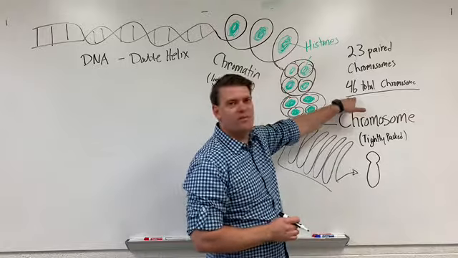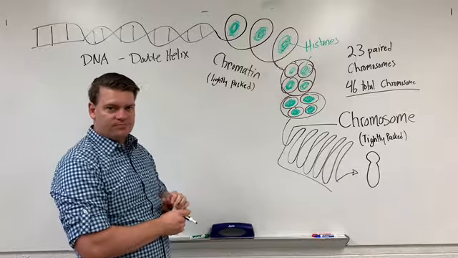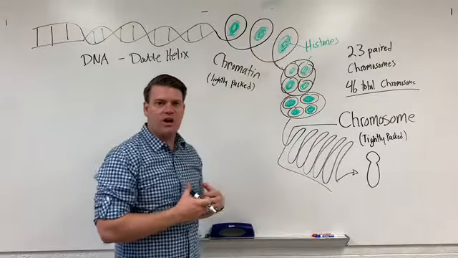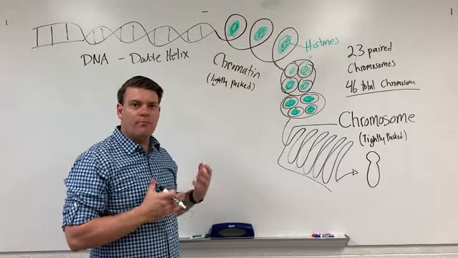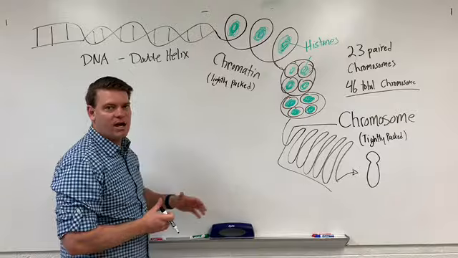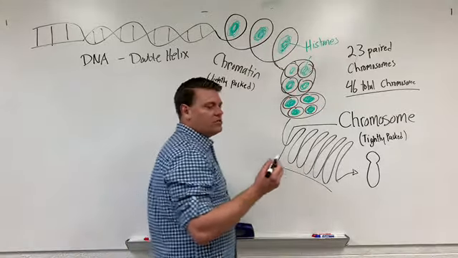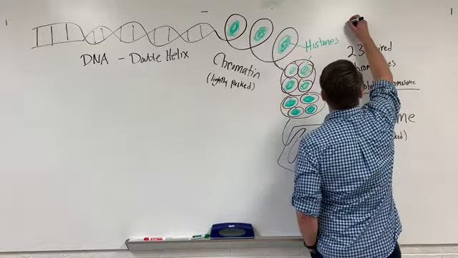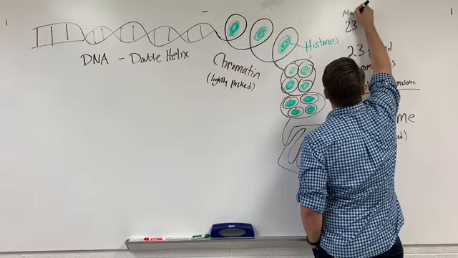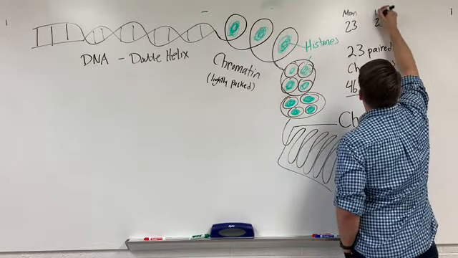We say 23 paired chromosomes because the DNA that makes us who we are, we got from our parents, our mom and dad. We're going to talk about how that works at the end of the chapter. We get 23 of them from mom and 23 from dad.